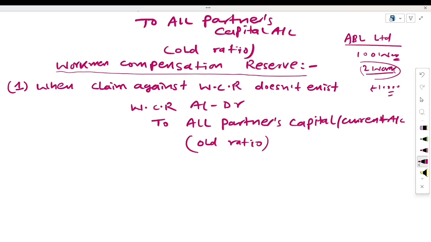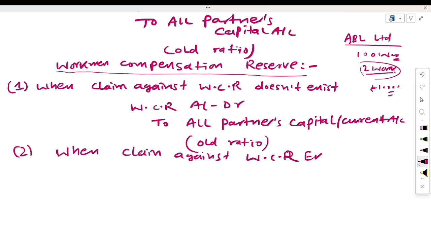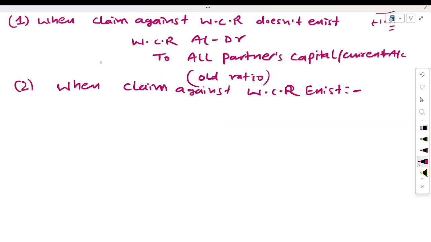Now, the second point is when a claim against workmen compensation reserve exists. In this situation, what will we do? Here, there may be three situations.